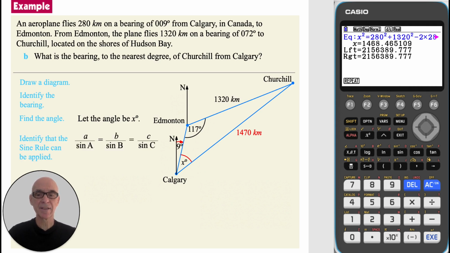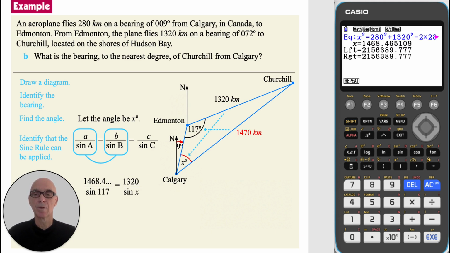Identify that the sine rule can be applied, since the side paired with x is known, and another pair of side and angle are also known. Substitute in the values, remembering to use an accurate value of the previous calculation. Use Solver to solve the equation.